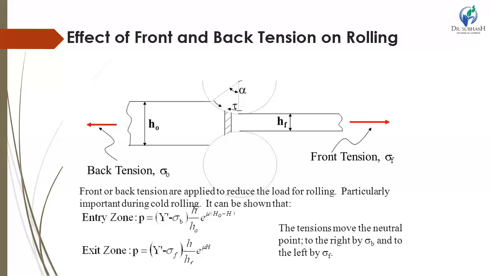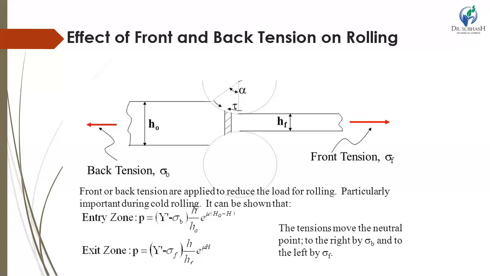The tension can be applied on the strip either at the entry zone, the exit zone, or both. If the tension is applied at the entry zone, it is called back tension, whereas if the tension is applied at the exit zone, then it is called front tension.